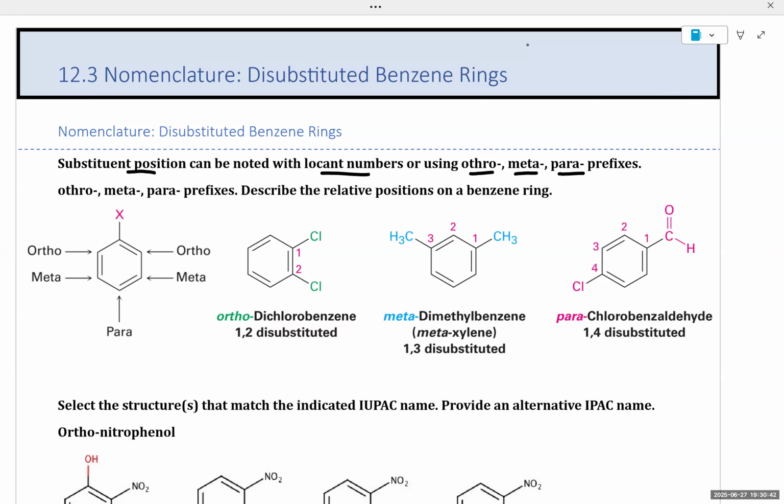So the ortho, meta, para prefixes describe the relative positions on the benzene ring. The positions directly adjacent to a given group X are called the ortho positions. The positions 2 carbons away are the meta positions, and the positions 4 carbons away are the para positions.